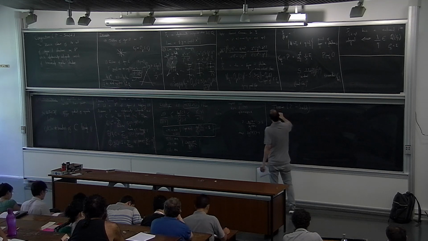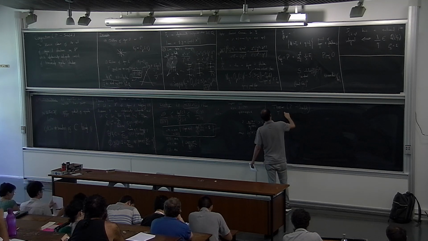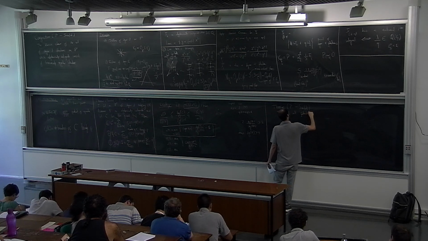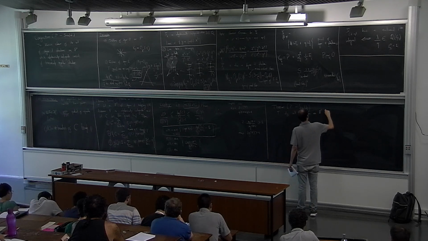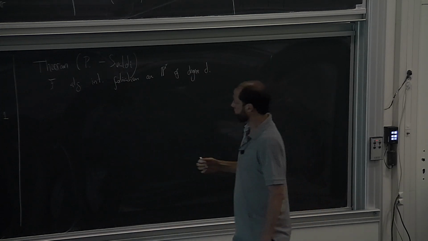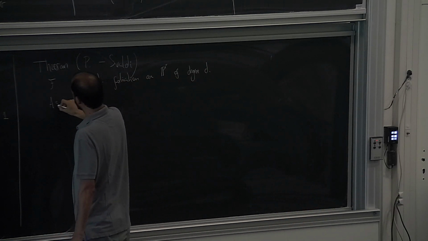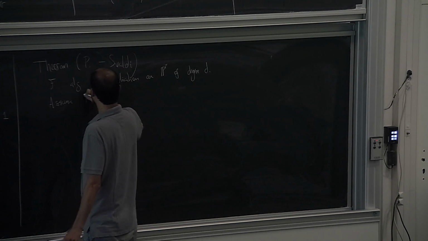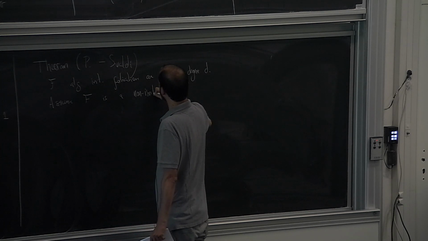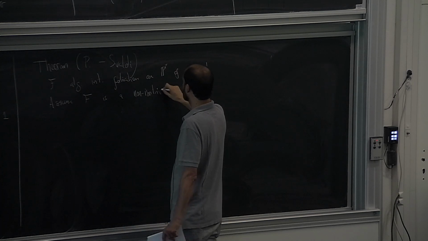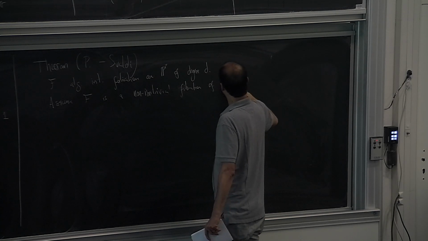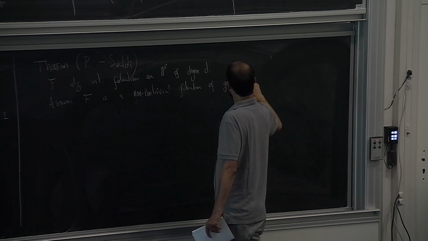So let F be an algebraically integrable foliation on P2 of degree d. And let's assume that F is birationally equivalent to a non-isotrivial fibration of genus g at least 2.